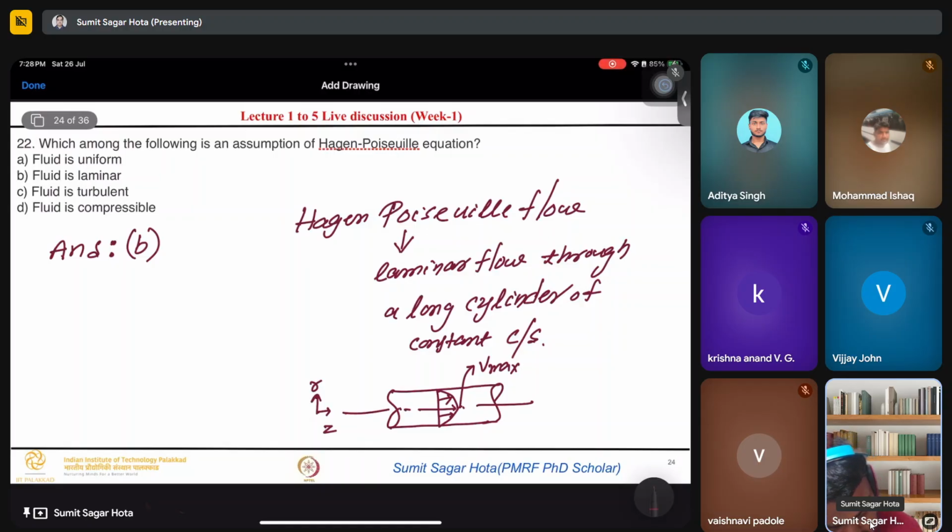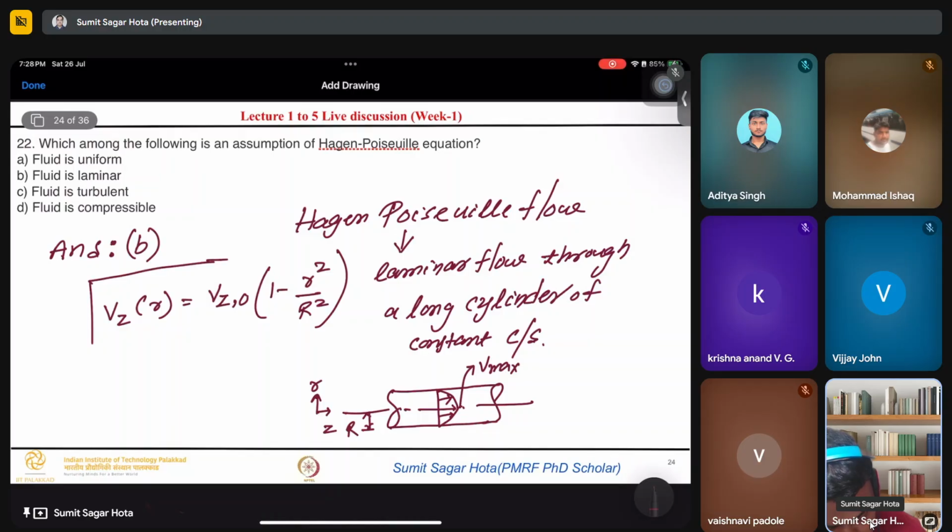This will be the total length of the cylinder, so let it be capital R. One relation to remember: Vz of r is equal to Vz at r equal to 0, times 1 minus small r square by capital R square. This is the velocity profile.